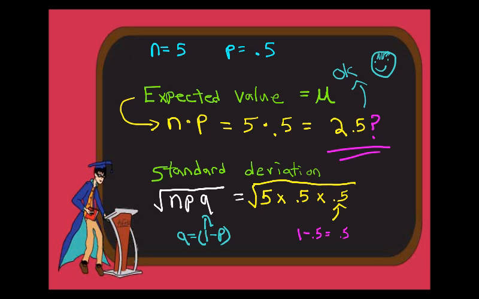And what do we get here? Oh, let's see here. We should get roughly about 1.12. So when you're talking about expected value for a binomial distribution, we refer to it as mu. And if we're talking about standard deviations, we often refer to those as sigma, just like earlier on in your textbooks. Everybody good so far? Good.